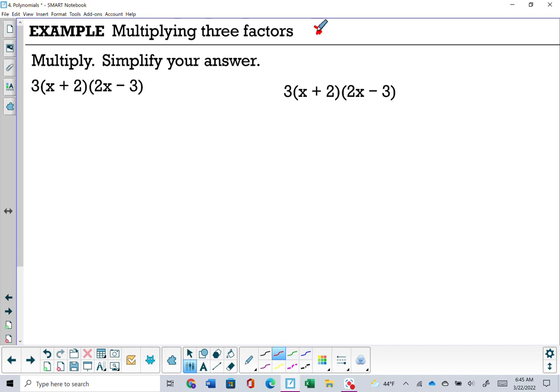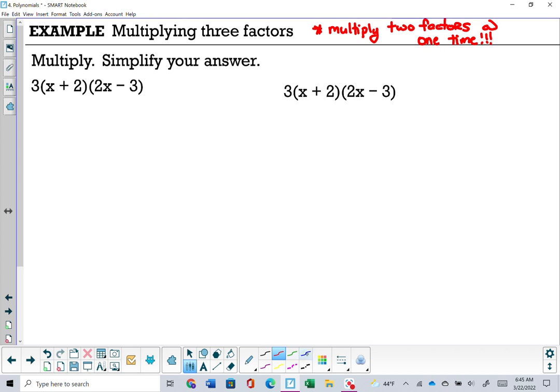So remember to multiply 2 factors at one time.